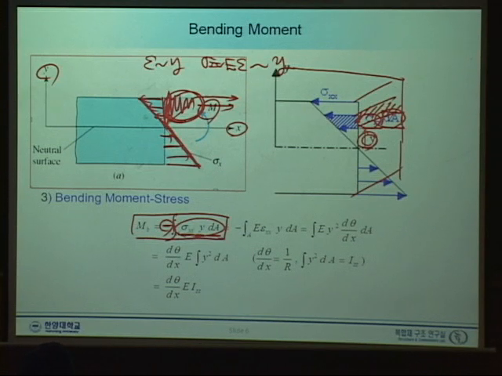But because we assume this is the moment, this one is simply opposite to this moment. And that's why we have a minus sign here.